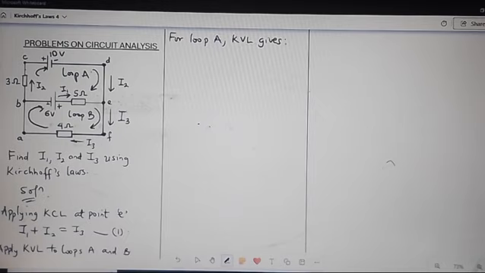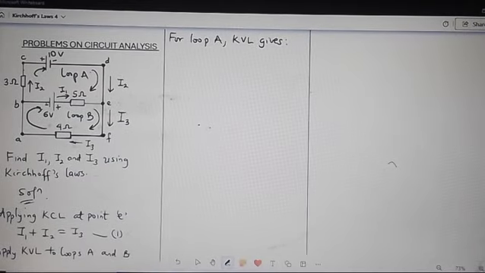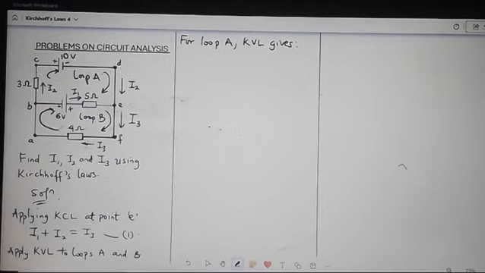How do we apply KVL? You have to recall the law. What does KVL state? In simple terms, it states that the sum of the EMFs, that is the electromotive forces, in a closed loop or a closed circuit is equal to 0. So when you add the EMF of each component in the circuit, it will sum to 0.